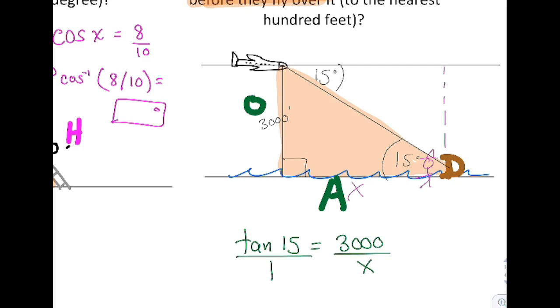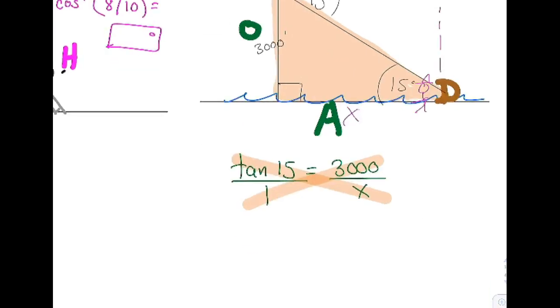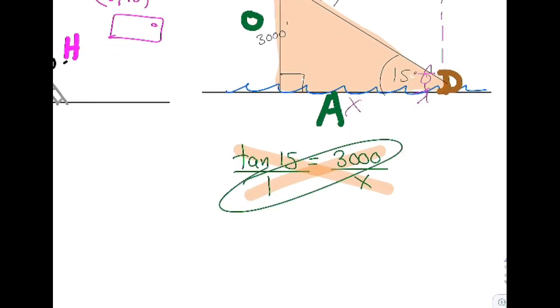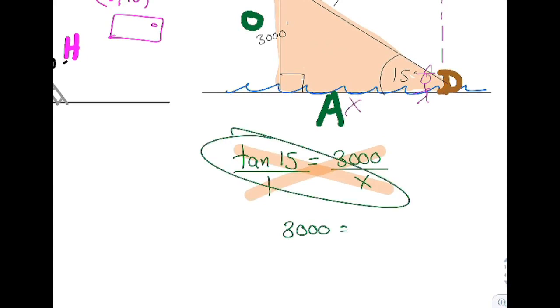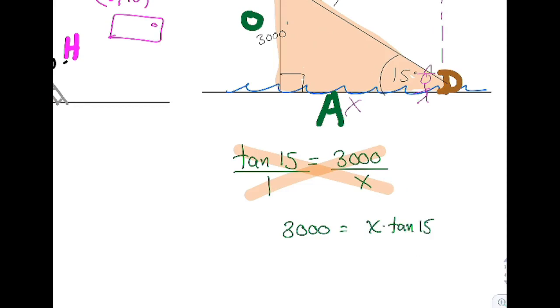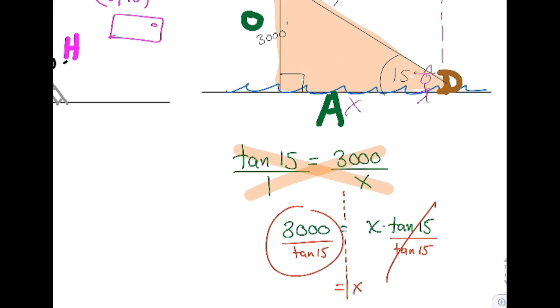Put that over 1, cross multiply, show this algebra step. 3,000 times 1 is 3,000. X times the tangent of 15 is x times the tangent of 15. And because I'm solving for x, I want to divide by what isn't x. And you type this into your calculator, and that will be how many feet the plane has to fly. That's it.